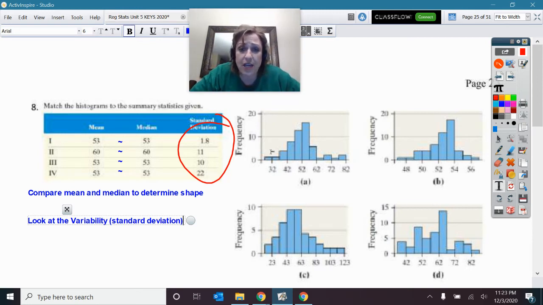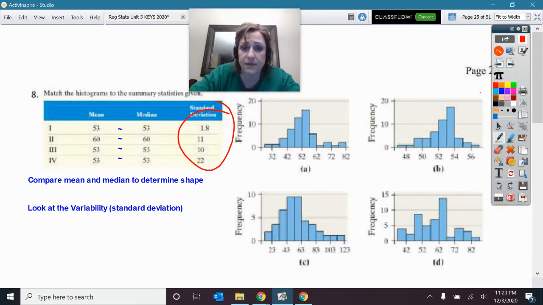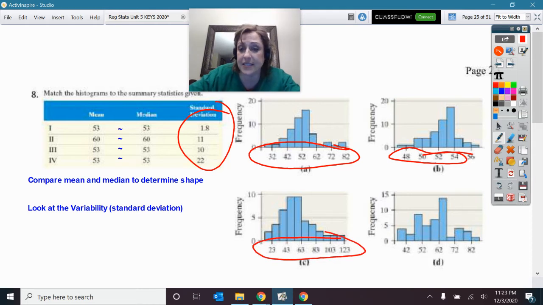If I'm just looking at the histograms themselves, they look about the same. But if I look a little closer at the scale on the bottom of the histograms, we're always looking at the labels. That's where I see the difference in how spread out this data is.